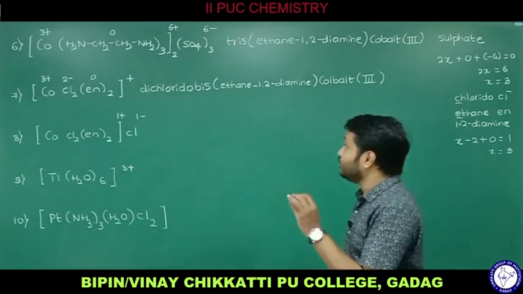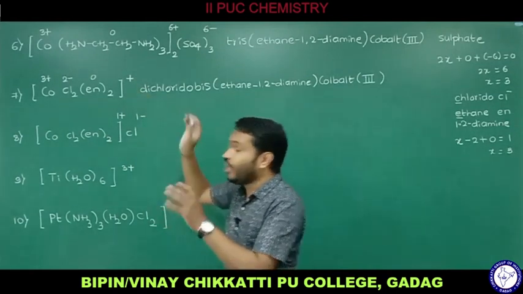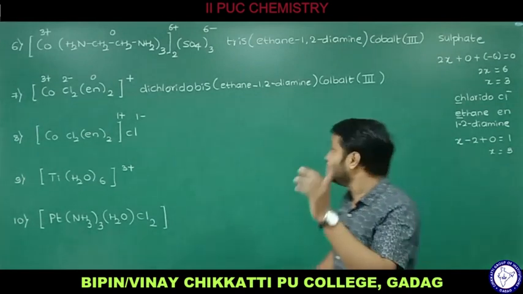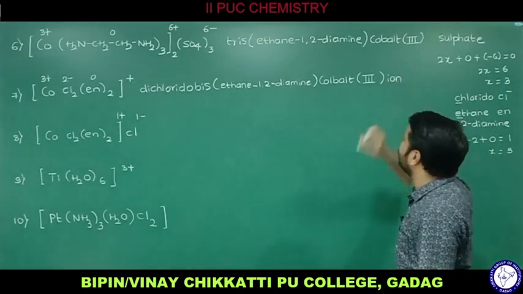So in the 7th example we have an ion with no counter ion, therefore the word should end with ion. After writing cobalt 3, it is compulsory to write ion.